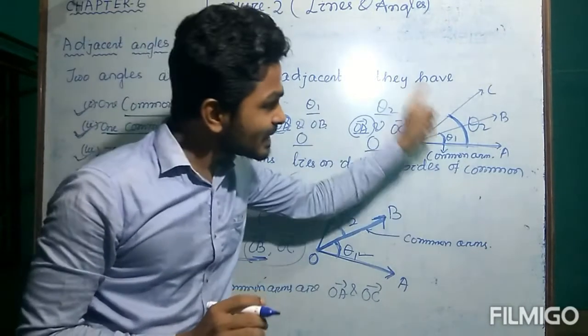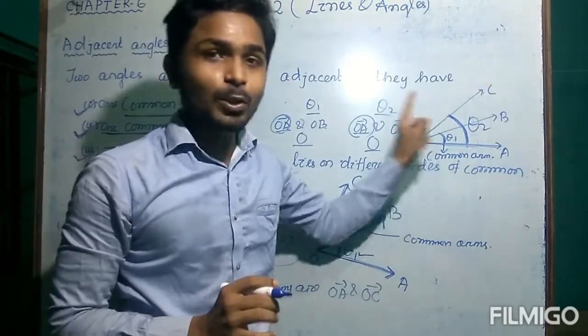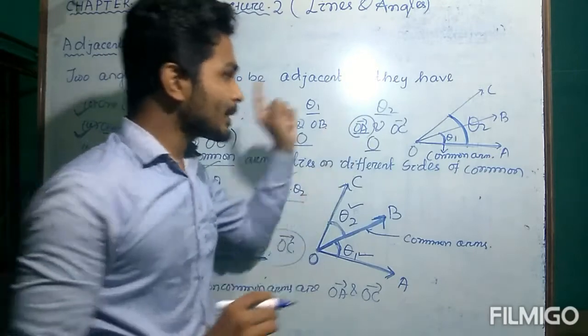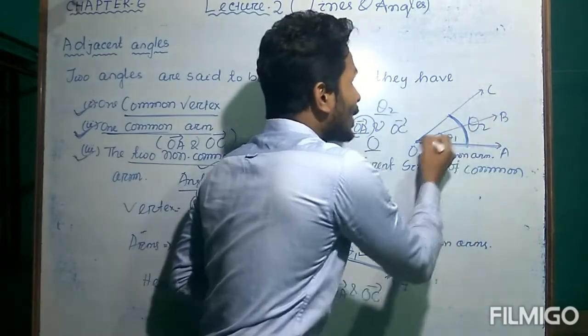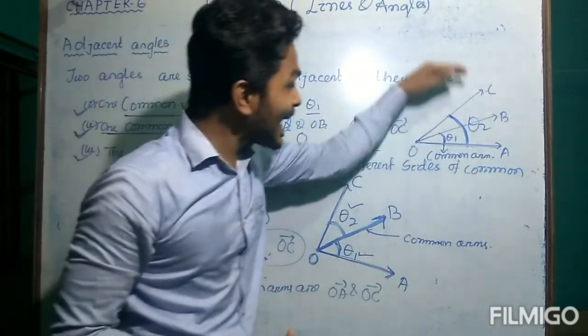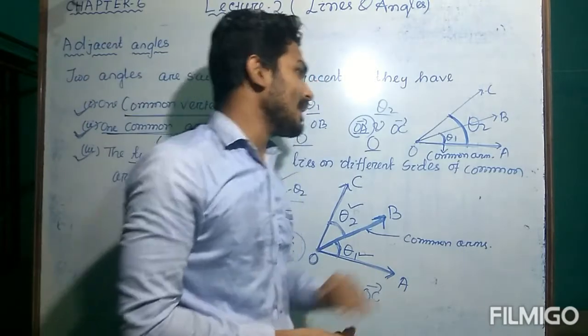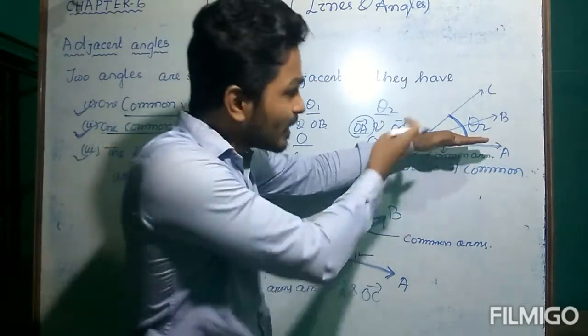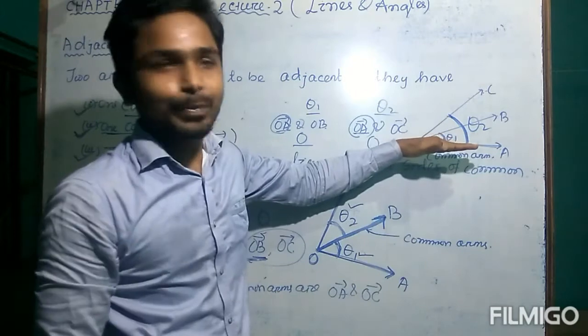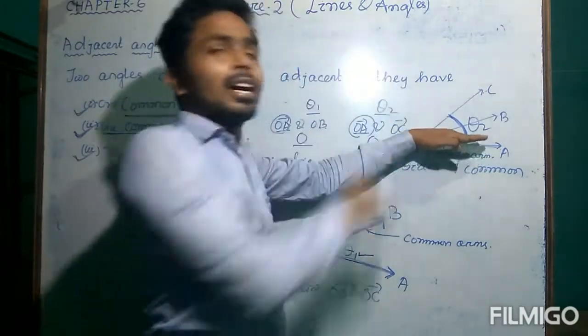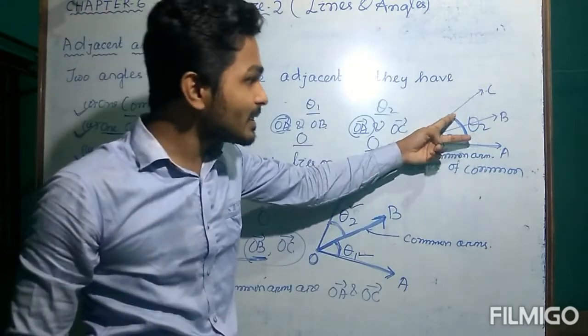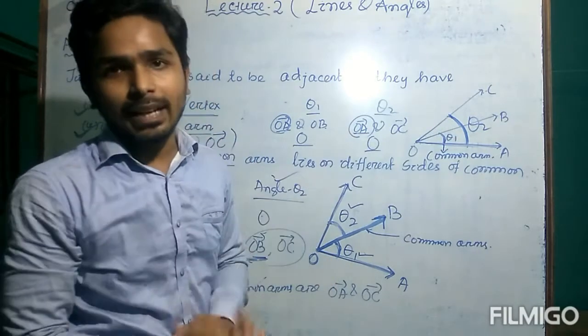Now can you say these two angles are adjacent? Yes or no? No. Why? The reason is OB and OC lie on the same side of common arm OA. They should not lie on the opposite side. They lie only on one side. That is why these two angles are not adjacent angles.